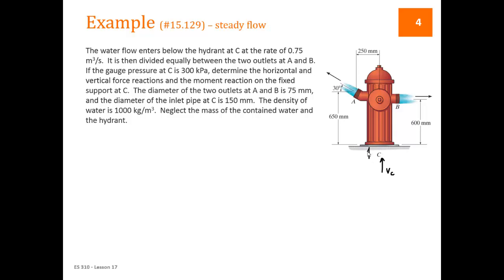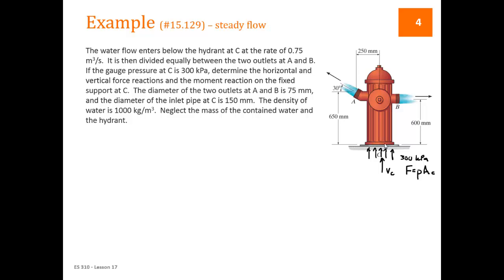So if we remember back to statics, a pressure is a distributed load, right, of 300 kilopascals, which means that the force due to that pressure is going to be the pressure times the area at C, just to keep that in mind. Alright, then we want to determine the horizontal and vertical force reactions and the moment reaction at this fixed support.